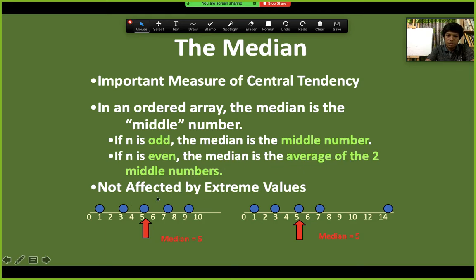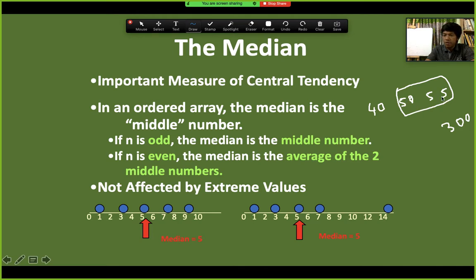One advantage of this is that it is not affected by extreme values. In our previous example, one person's income is 40k, another person's income is 50k, another's is 55k, another's is 300k. Now, the median is these two values, since there is an even number.